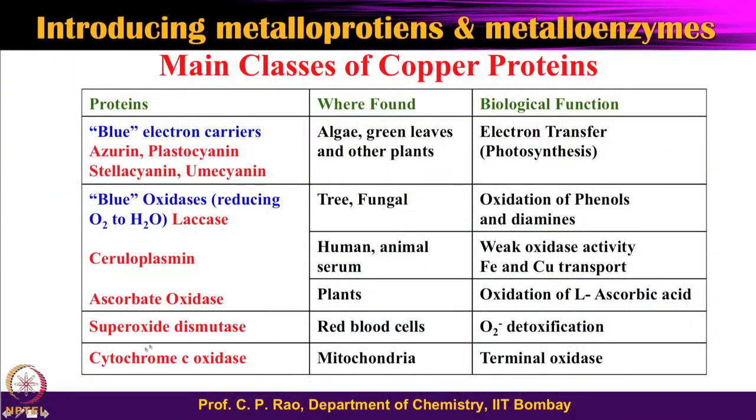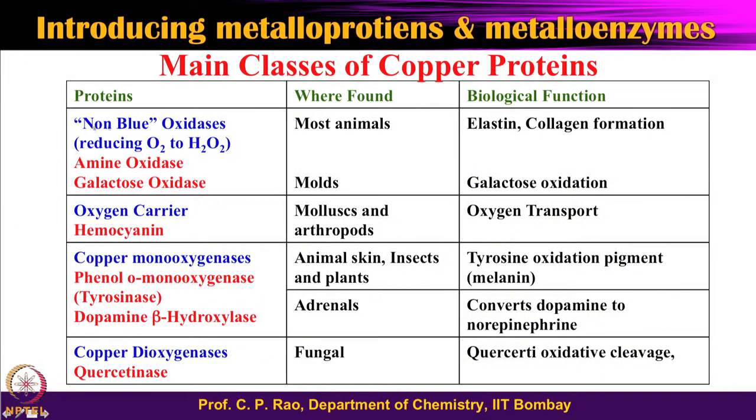Then we also have another class of copper proteins, cytochrome c oxidase, which is obviously a mitochondrial one, and this is nothing but the terminal oxidase. Besides this, we also have non-blue oxidases. That means there is no blue copper protein present in these, and these are called non-blue copper oxidases.